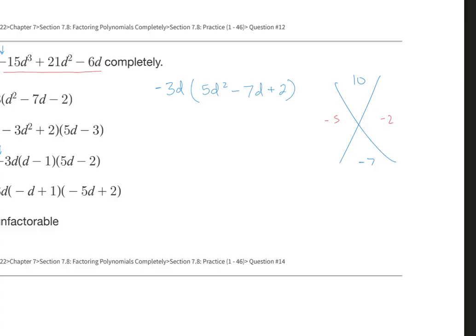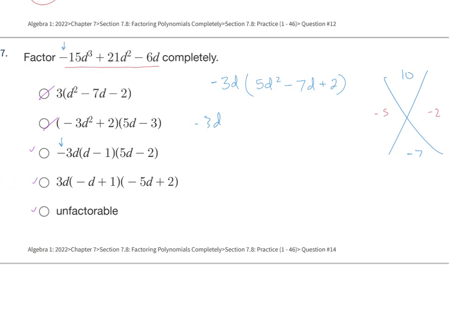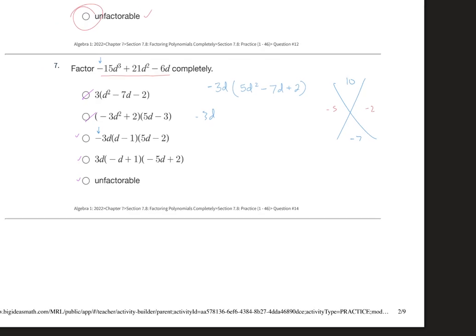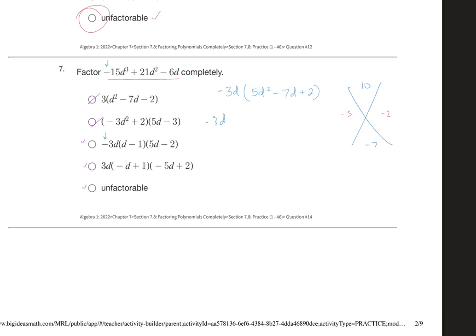So we have negative 3d. Zoom out just to have everything come on the screen at once. And we have 5d squared minus 5d minus 2d plus 2. Negative 3d is still out front.